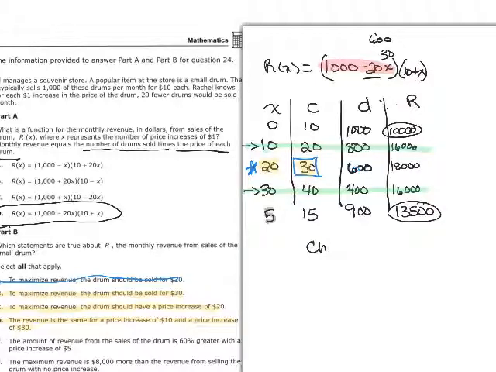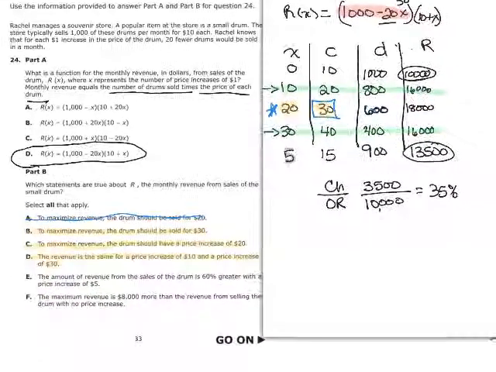So the change is 3,500, and you put it over the original amount. So you're putting 3,500 over 10,000. You're going to get a change of 35%. Guess what that's not? 60%. So E does not work because it is wrong.